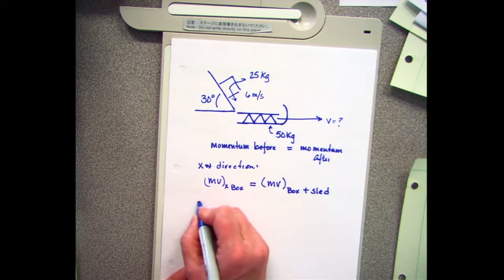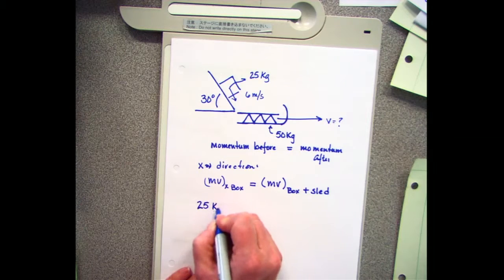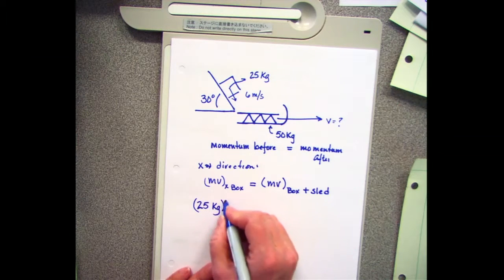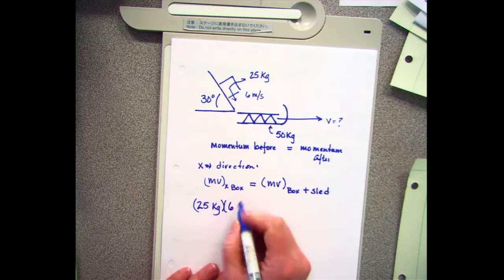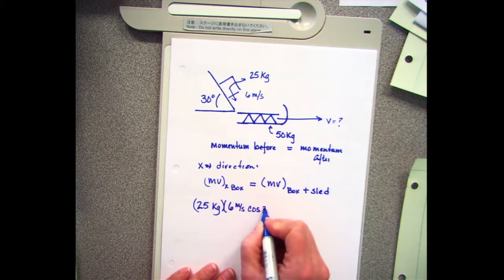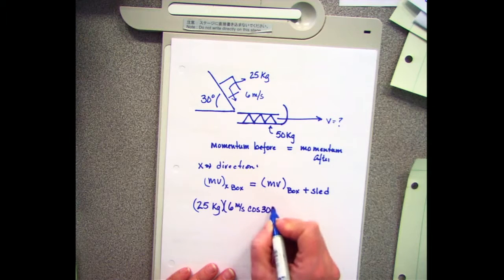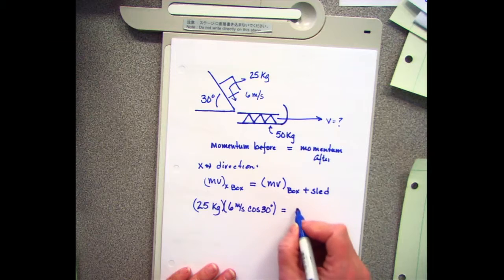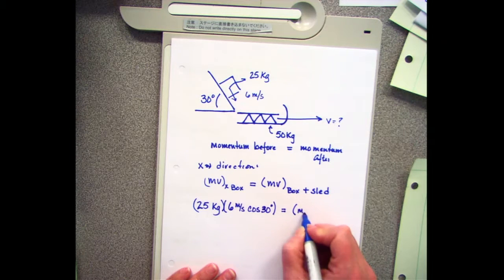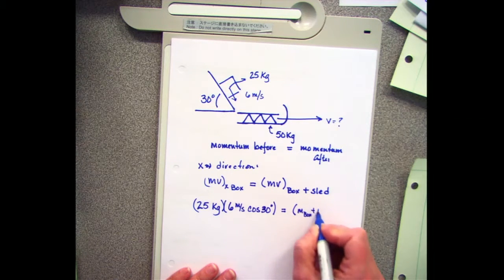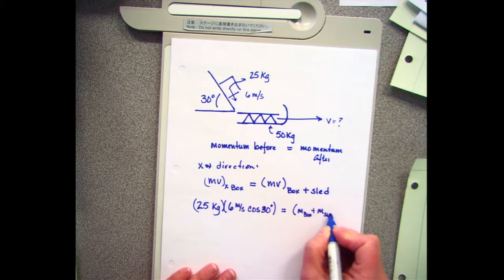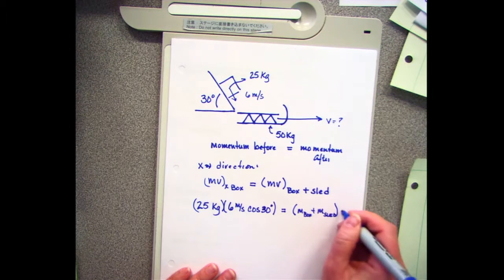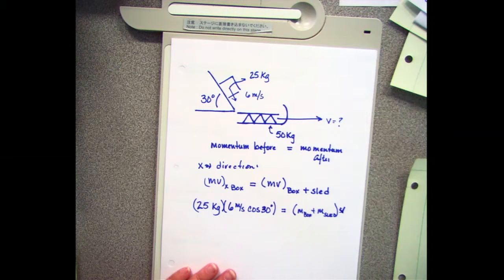So I'm going to have the mass of the box, which is 25 kilograms, times the velocity of the box, which is 6 meters per second, cosine of 30 degrees, is going to equal the mass of the box plus the mass of the sled, and the new velocity that we're looking for.